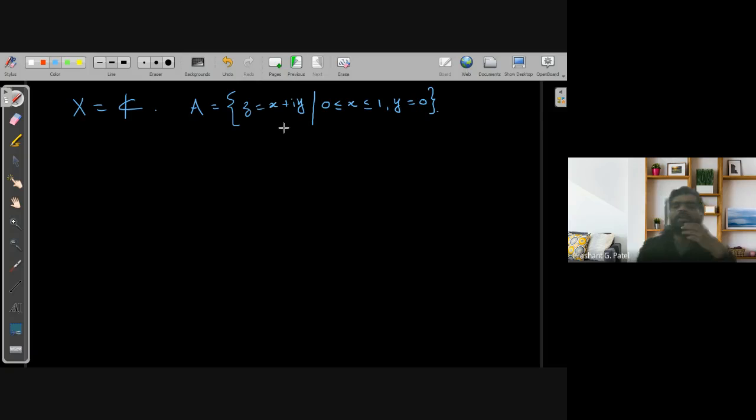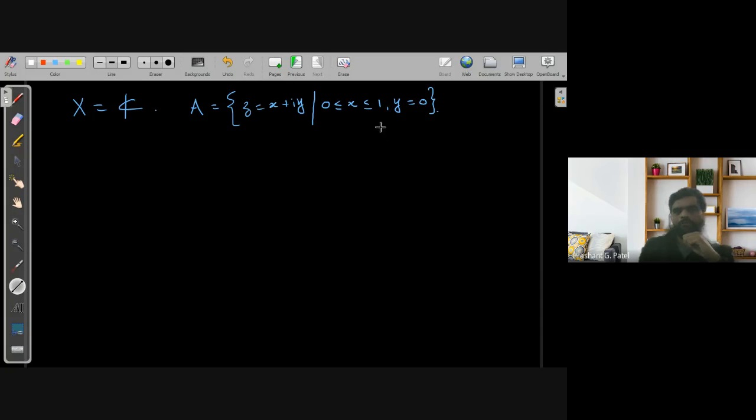Can somebody tell me what this set represents first of all? If I draw an x-axis and y-axis, y is 0, which is nothing but the x-axis.